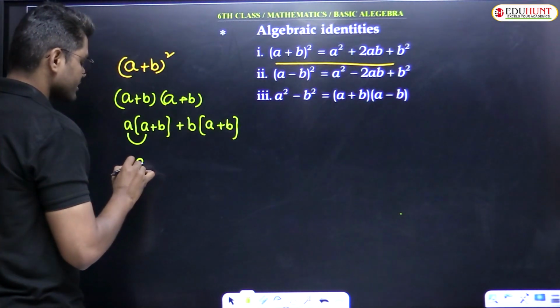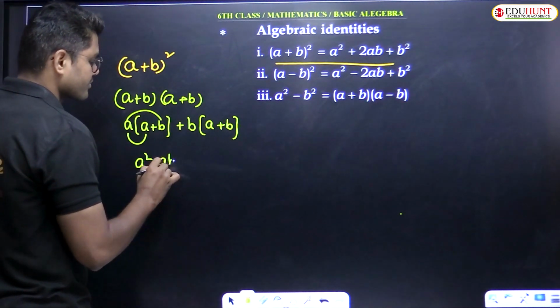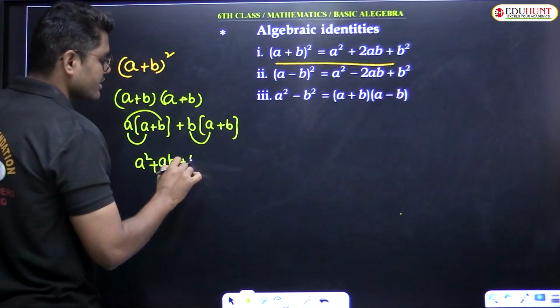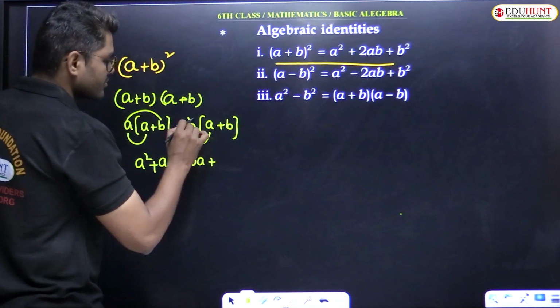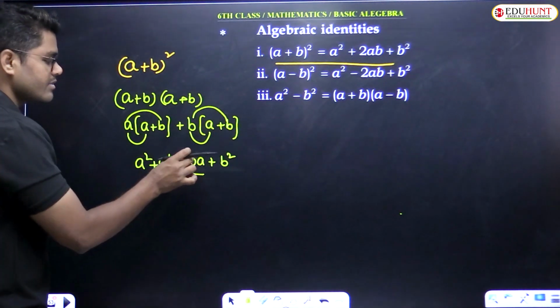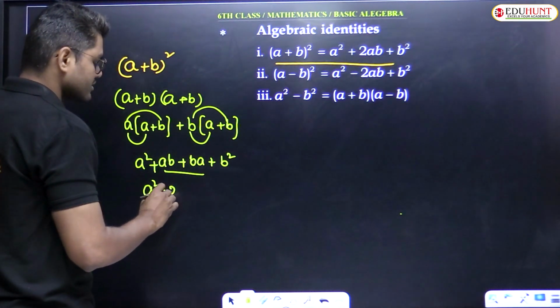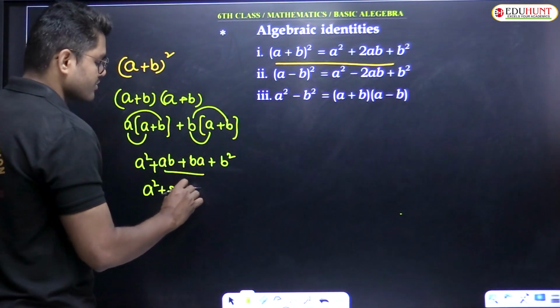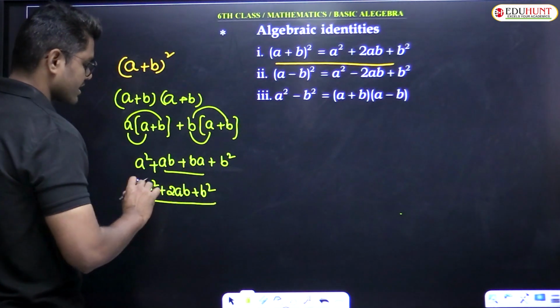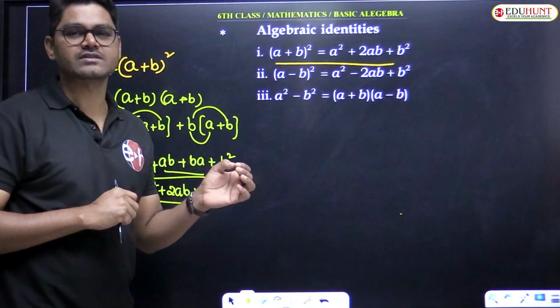A into a is a square, plus a into b, ab, plus b into a, ba, plus b into b, b square. These are like terms because ab and ba both are the same. Here it is a square plus 2ab plus b square. This is the result.